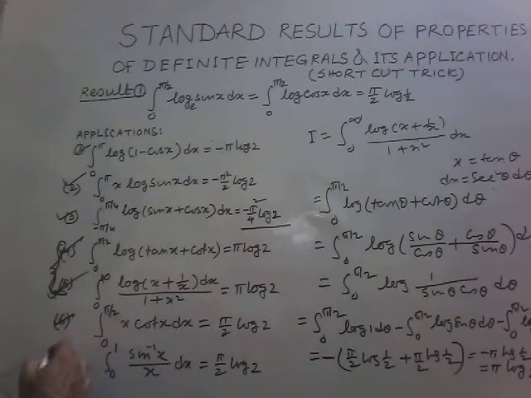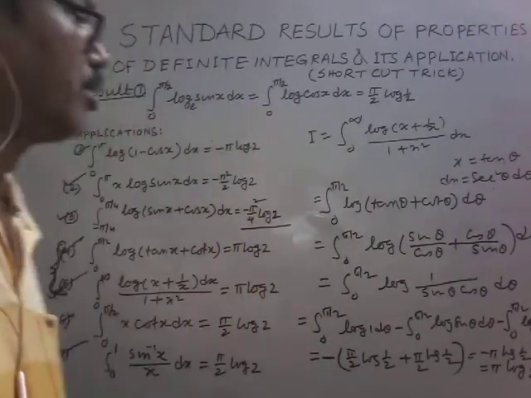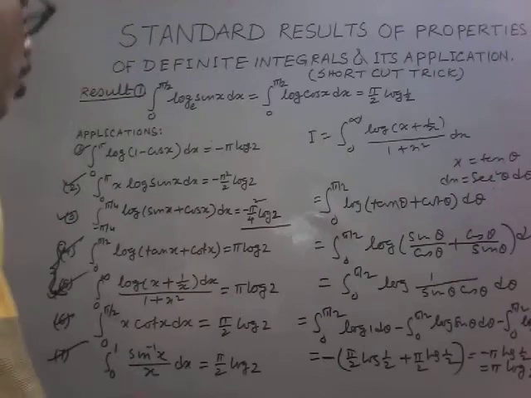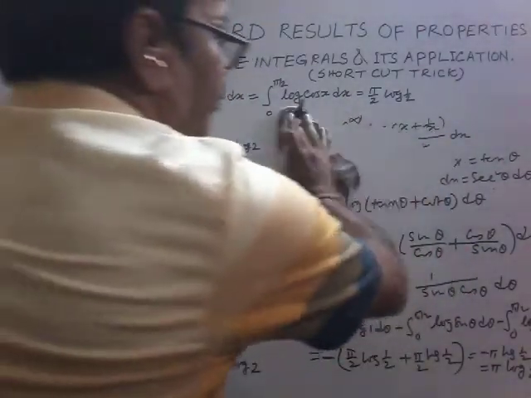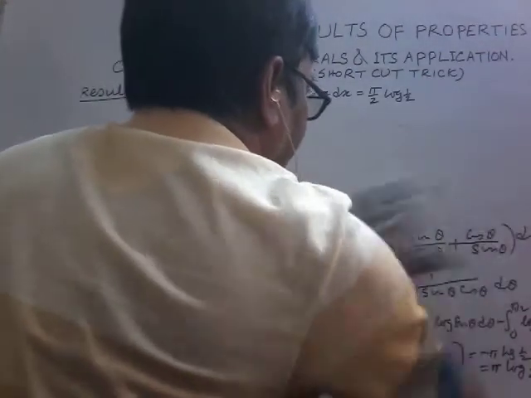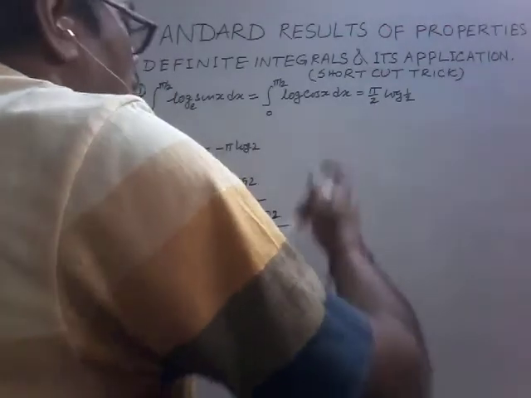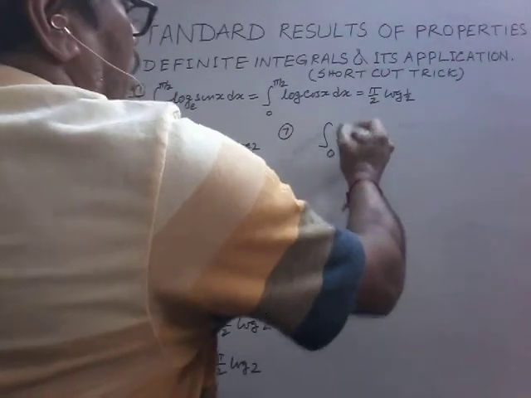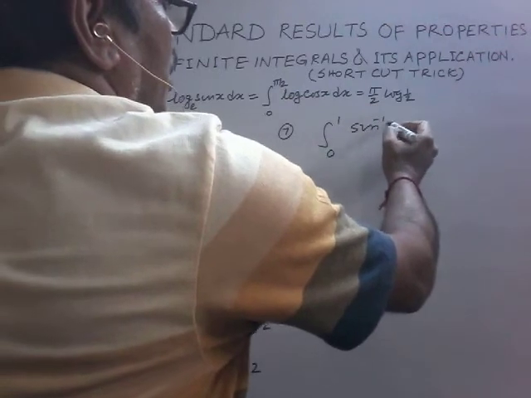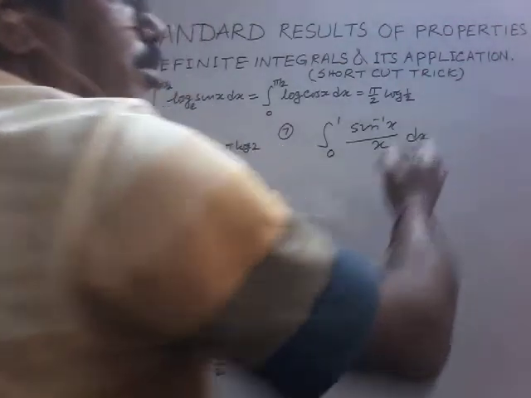Now 6 and 7 are the same problem. So we consider problem number 7. 0 to 1 sin inverse x by x dx.